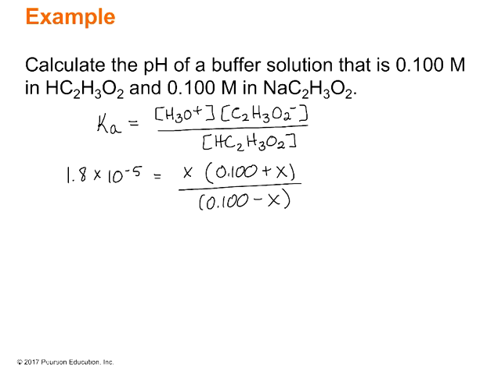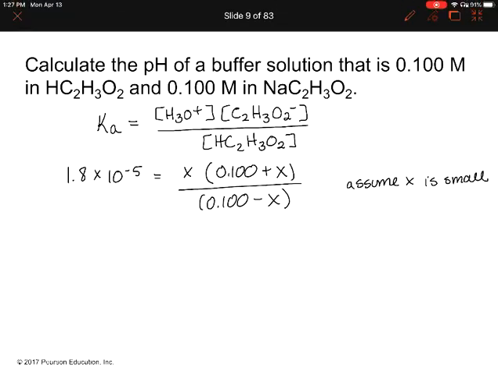Now, let's assume that x is small. So we're going to ignore these changes in x because they shouldn't be very significant, especially because the Ka value is very small. Okay, so now that gives us 1.8 times 10 to the negative fifth equal to x times 0.1 divided by 0.1.